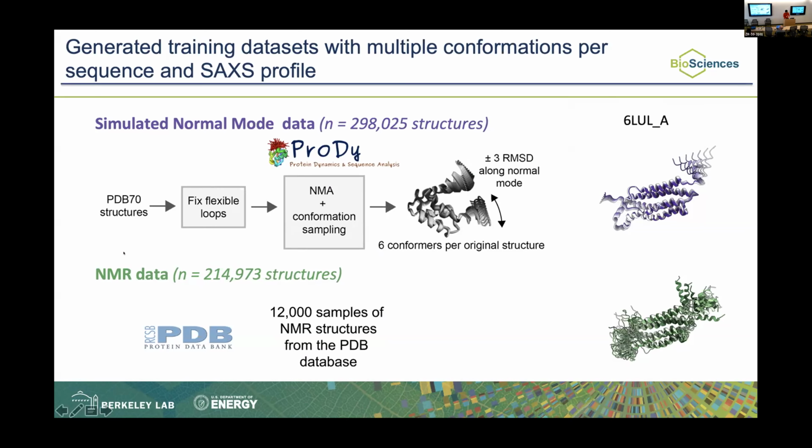For example, static structures with fixed loops will be input into the program to generate a more dynamic ensemble. You can see all the potential movement to simulate how it exists in a true environment. We also pick the NMR data, which inherently has those dynamic structures. So all the input training data in our new model is considered to be flexible and dynamic rather than a single structure.